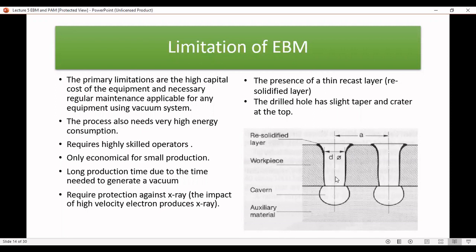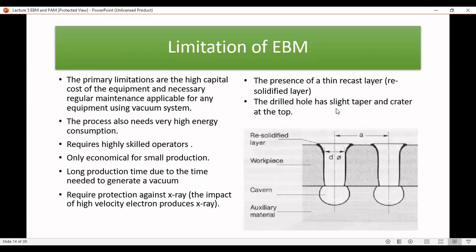What happens is, as the molten metal vaporizes and is ejected from this particular hole, some of it will re-solidify on this surface. So that is what is meant by the re-solidified layer. So there's a presence of a thin recast layer, a re-solidified layer, for this particular process, and it's impossible to get rid of that. So this is one of the limitations of the EBM process.